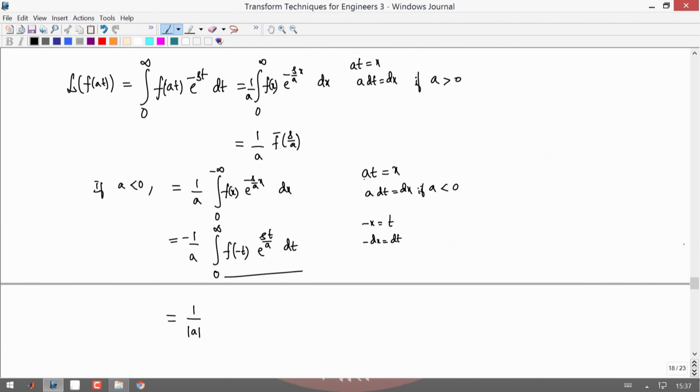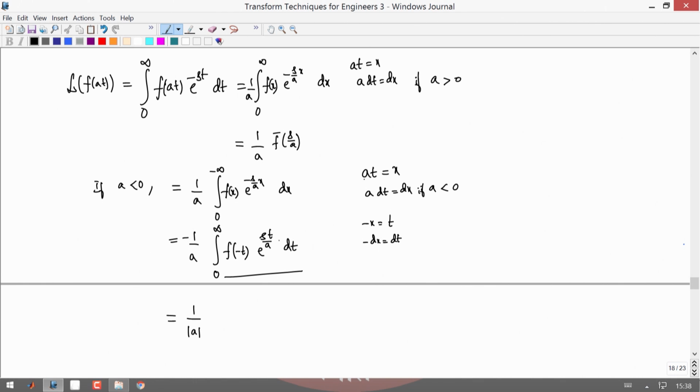A small issue here. In the case where a is negative, e power s by a minus s by a dx, 0 to infinity, that is also clear.